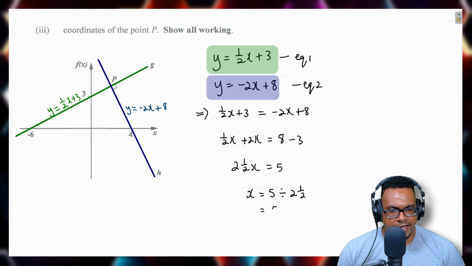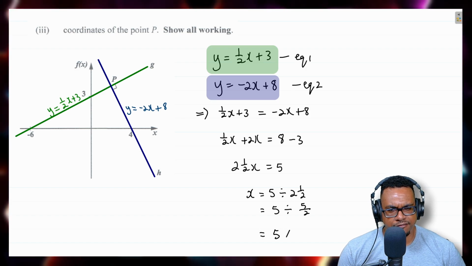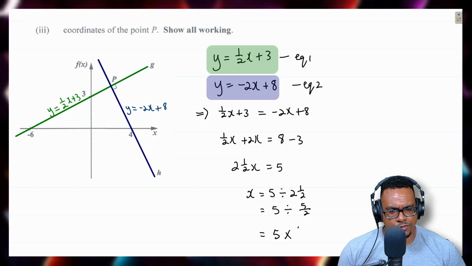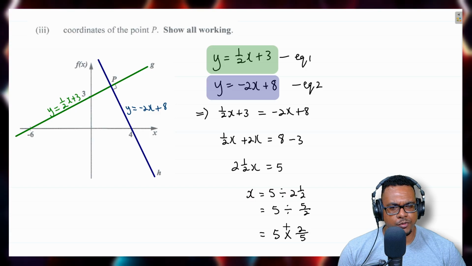So we'll have 5 divided by 5 over 2. We'll change this divide to multiply. So we have 5 multiplied by, and invert my divisor. So the 2 comes on top and the 5 comes below. And now this is something we could work out.